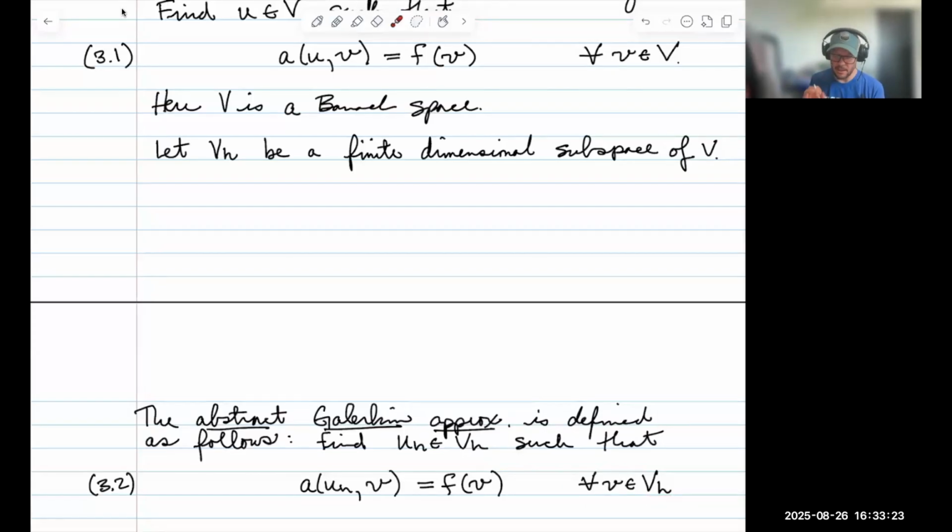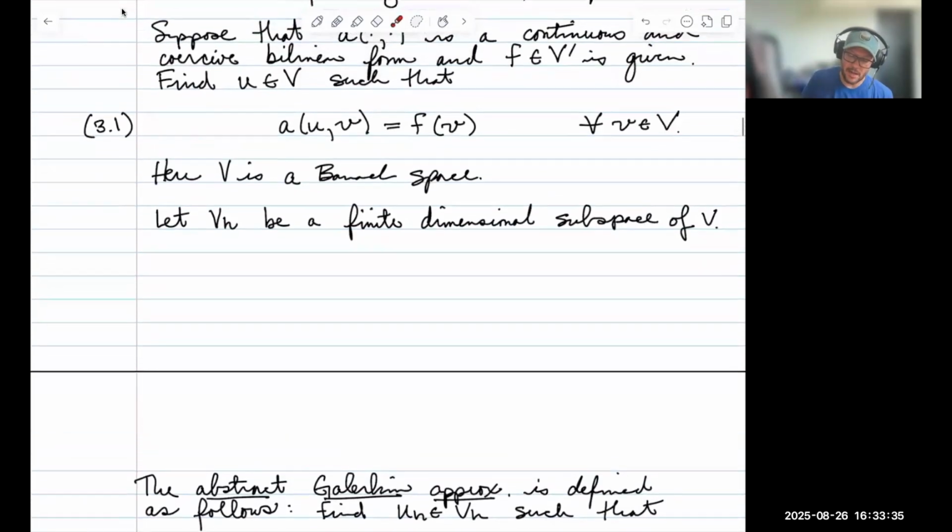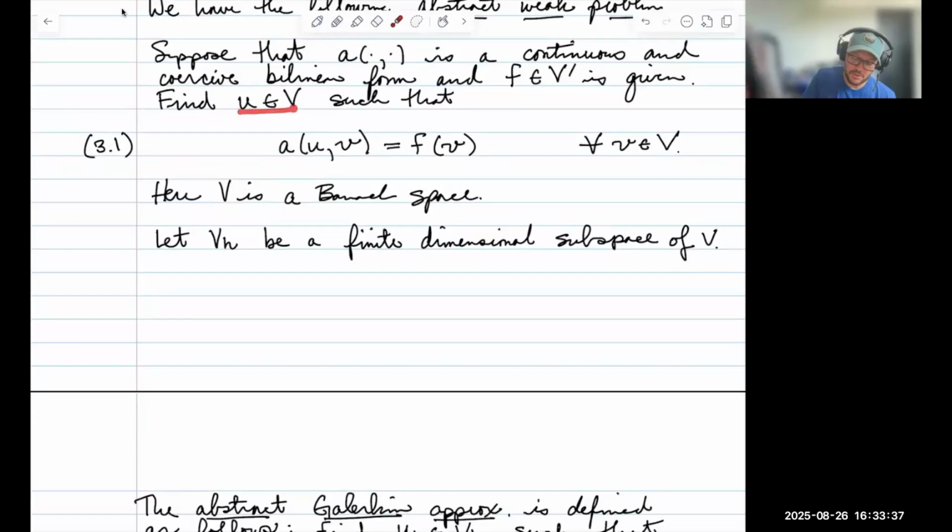So that's the key element of the abstract Galerkin approximation. Moreover, we're seeking the solution of the abstract Galerkin approximation in the subspace, whereas the solution of the original problem must be sought, for reasons which I'll get to momentarily, in the larger Banach space.